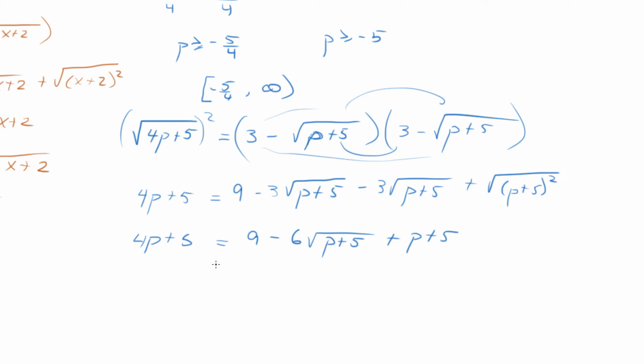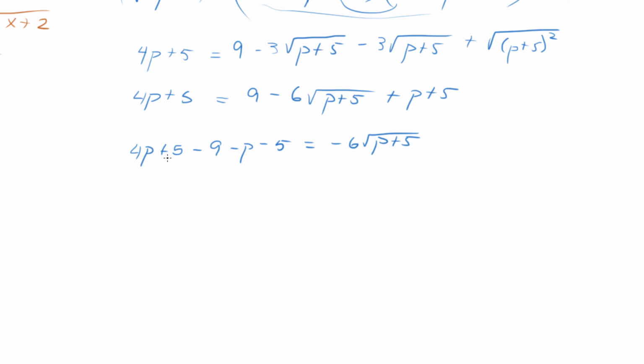Okay? Move everything to the left that is not a radical. So we have 4p plus 5 minus 9 minus p minus 5 equals negative 6 radical p plus 5. We got 4p minus p, which is 3p.